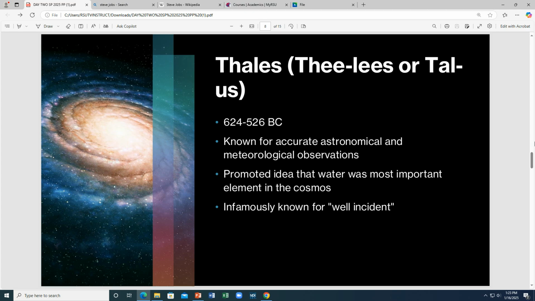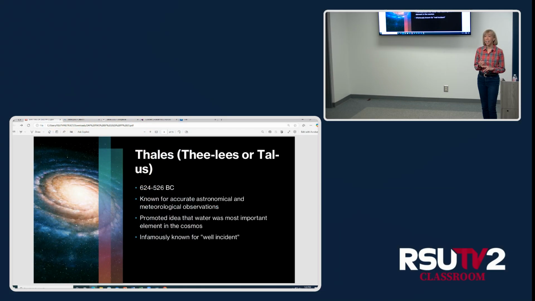This person lived from 624 to 526 BC. And in so many ways, really ahead of the times. He was known for his accurate accounts of both astronomical and also of meteorological observations, and that is a mouthful, all right? So what was going on basically up in the sky and with our weather, which also would be up in the sky.